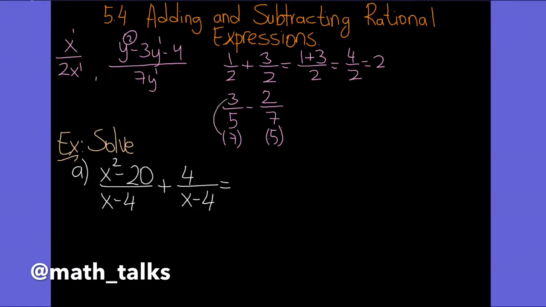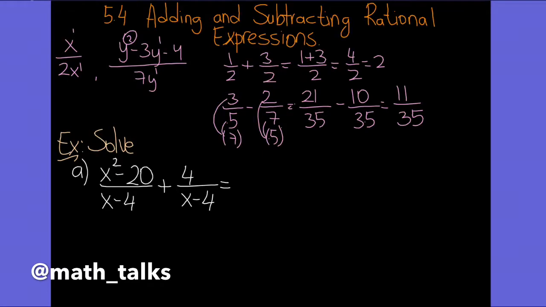So, 7 multiplied by 3 is 21, 7 multiplied by 5 is 35. Minus 5 multiplied by 2 is 10, 7 multiplied by 5 is 35. So now the denominators are the same. 21 minus 10 is 11 over 35. That will be your result.